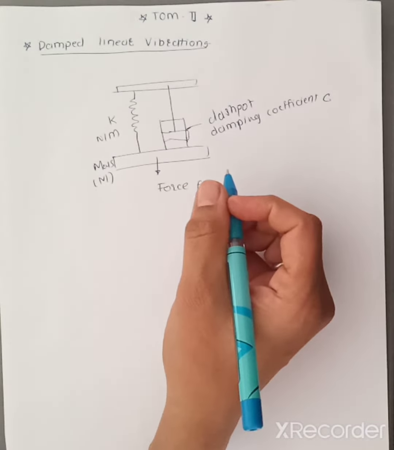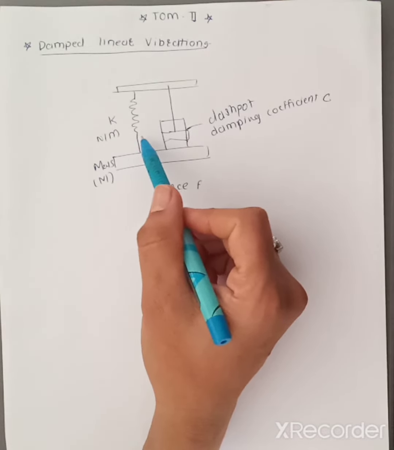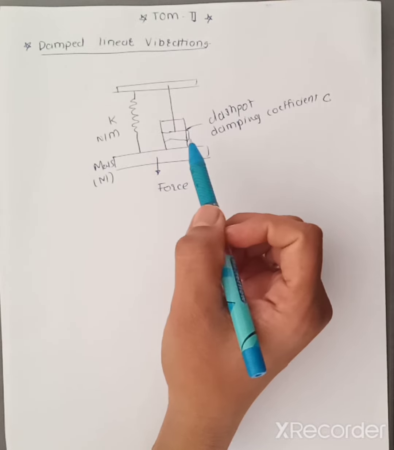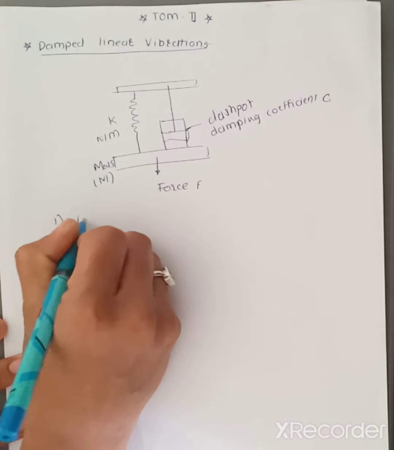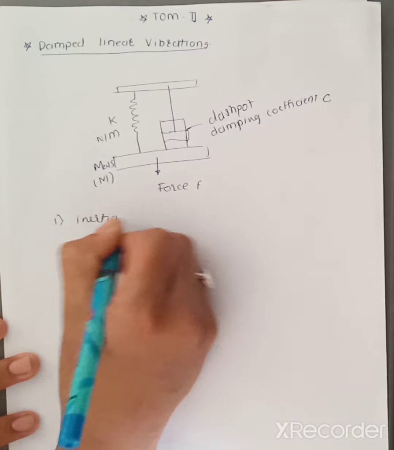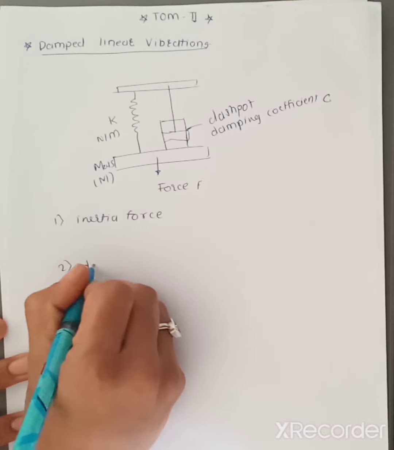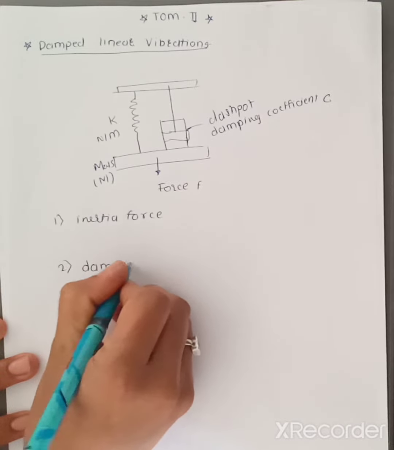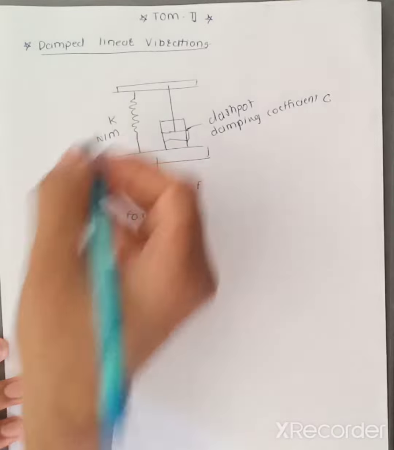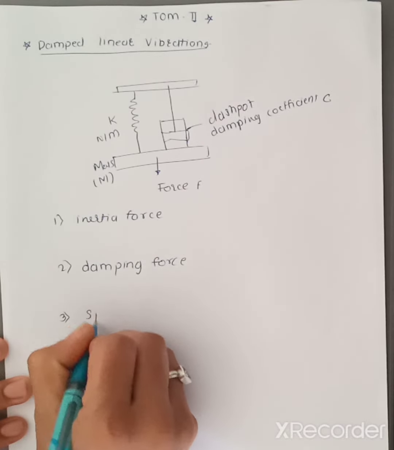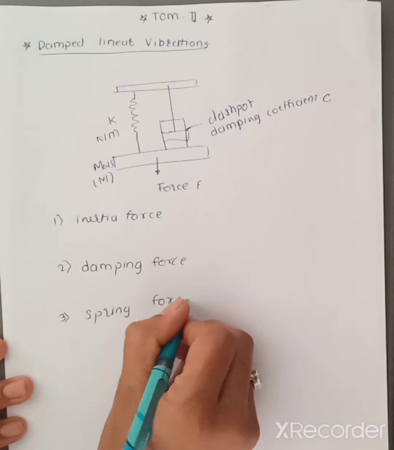Here if a force is applied to the mass M, it is opposed by three forces. Which are those three forces? Number one, inertia force. Second, damping force, as we have taken damping coefficient C. And third, the spring force exerted by the spring.